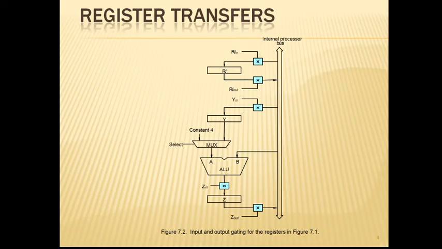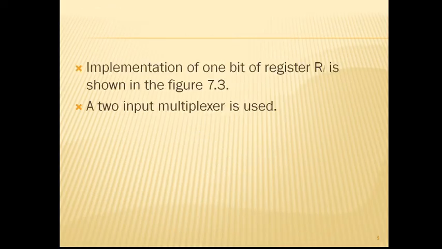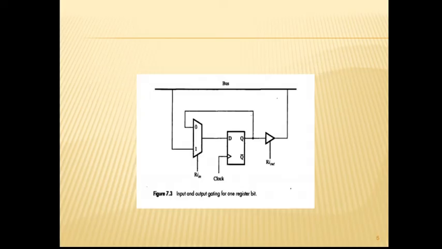An implementation for 1 bit of register Ri is shown in figure 7.3 from the textbook, which shows the input and output gating for 1 register bit. A 2 input multiplexer is used to select the data applied to the input of an edge triggered D flip flop.